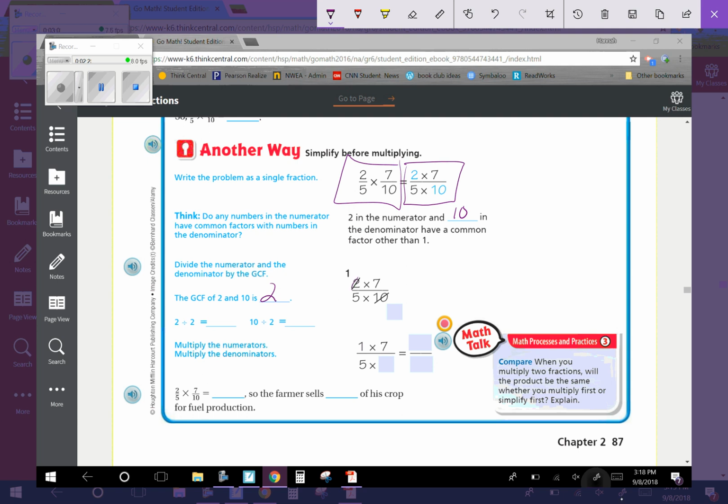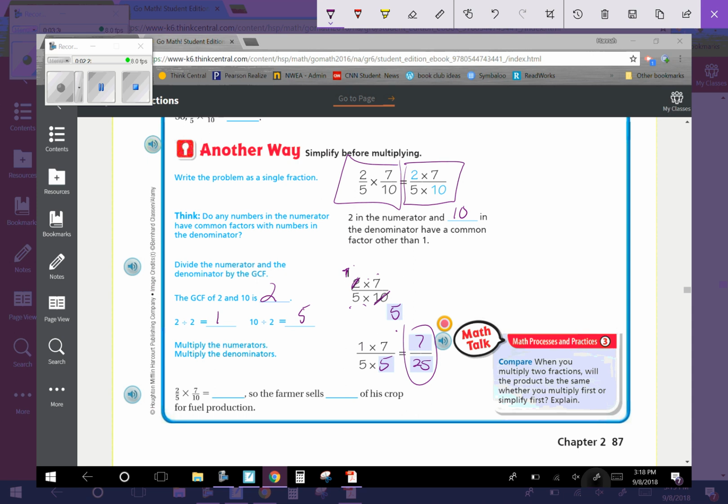So I can cross off that 2 and put a 1 because 2 divided by 2 is 1. 10 divided by 2, I can mark that off and put a 5 because 10 divided by 2 is 5. So now that makes 1 times 7, which is 7, and 5 times 5, which is 25.